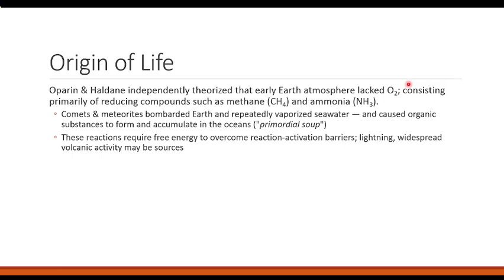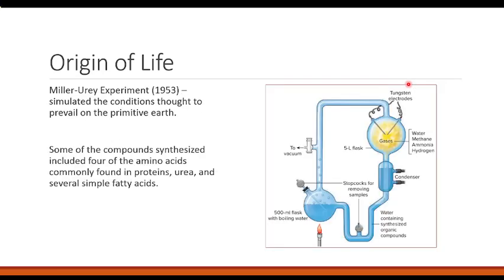but that's because of the presence of enzymes. To simulate the conditions thought to prevail on the primitive Earth, Miller and Urey conducted an experiment in 1953 where they have this compartment containing water, methane, ammonia, and hydrogen, and then passing through electrodes which will provide energy.